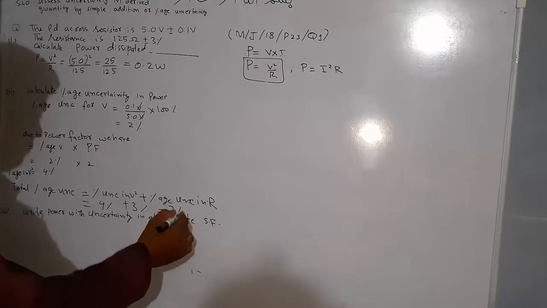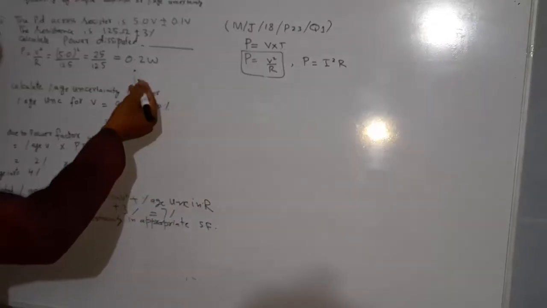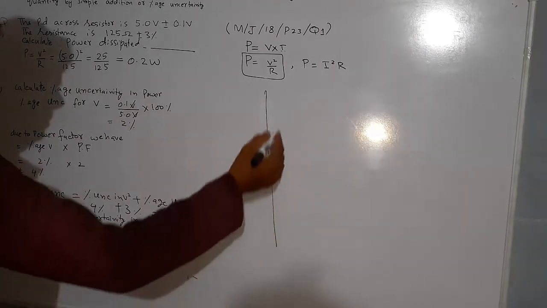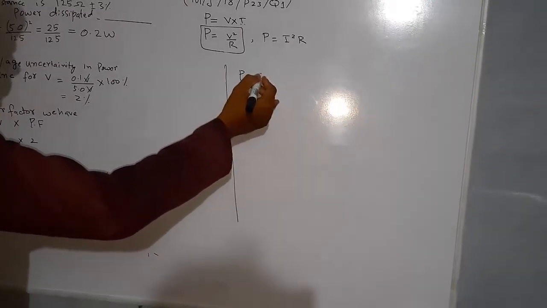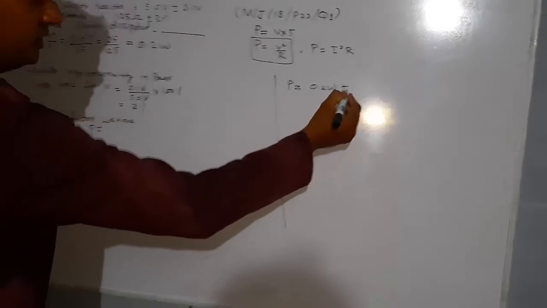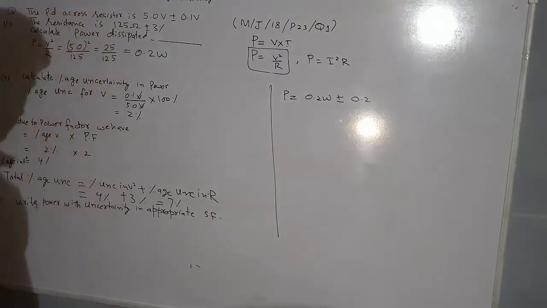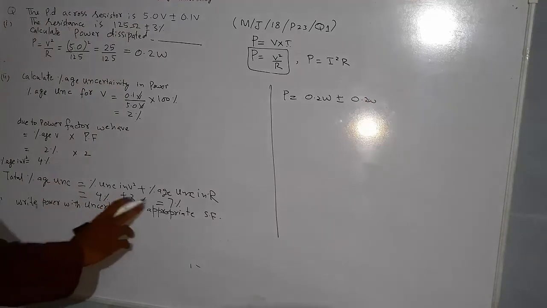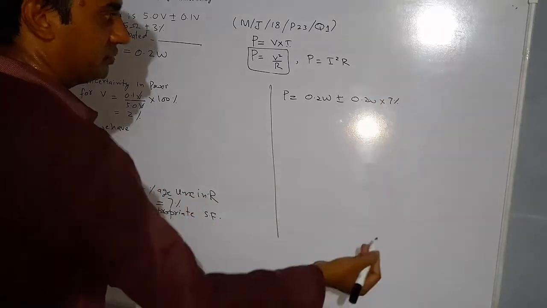So first we have to calculate the 7% of the measured value for the power, that is 0.2 watt. First we define the uncertainty in the power, that is 0.2 watt plus minus the percentage uncertainty for the 0.2 watt. How much percentage do we need? The total percentage error or uncertainty is 7%.